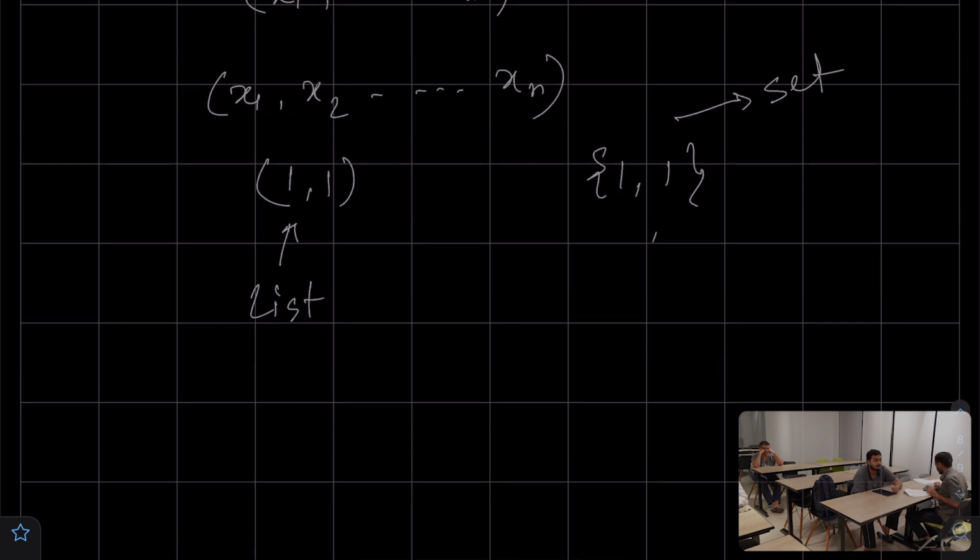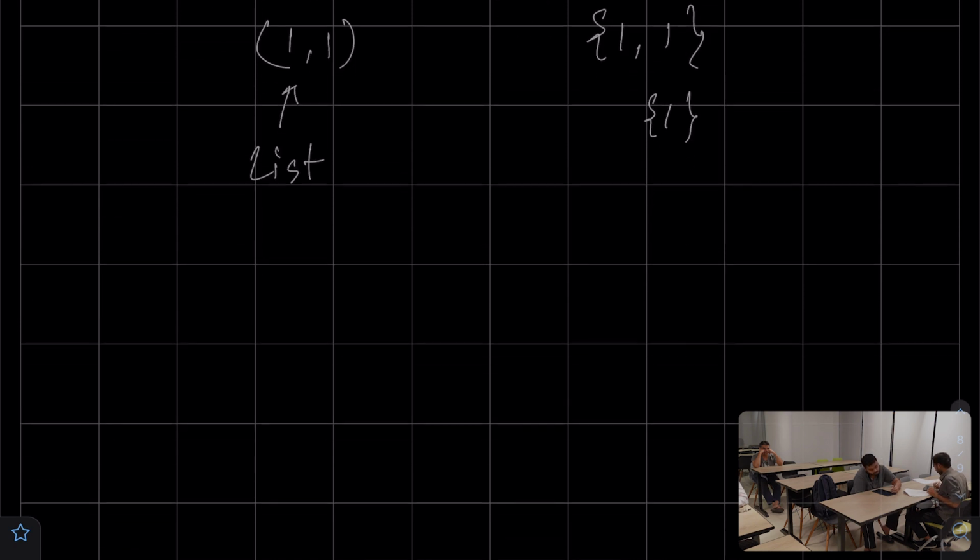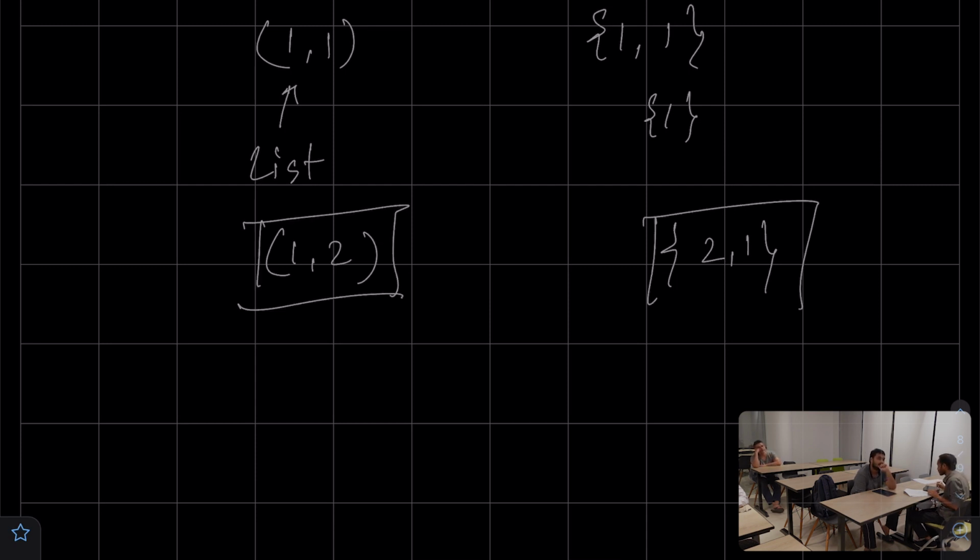This is just simply the set 1, and also 1 comma 2 and 2 comma 1. Can you tell me what is the difference between these two? I can swap them in the set, but I cannot swap in the list. You cannot write it like 2 1 here, but in the set you definitely can. So when you are considering a list, you have to consider the order.